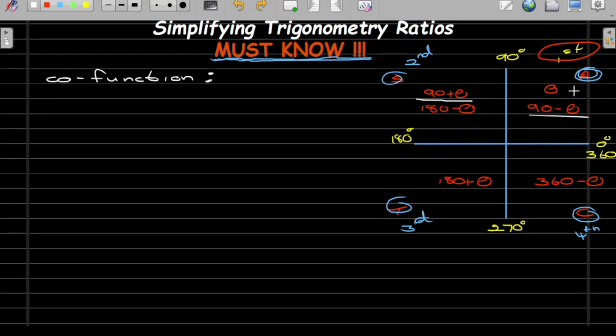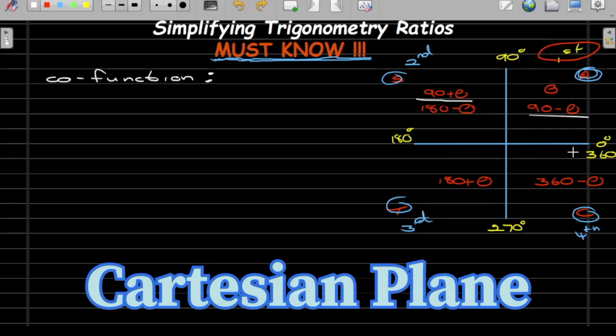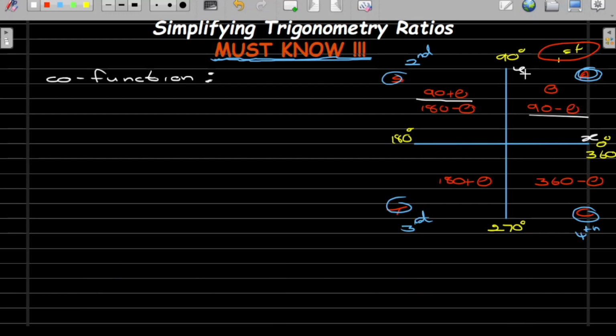In the first quadrant, everything is positive, which makes sense when you look at this using algebra or functions. Remember our CAST diagram, so how it works is this would be our x and this would be our y.